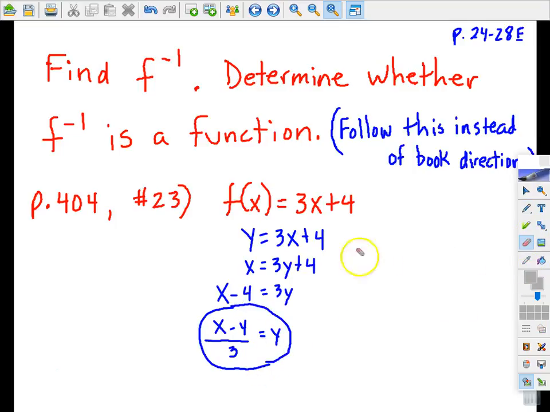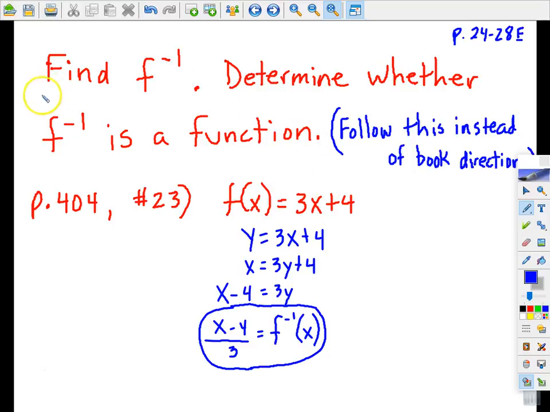Now what I could have done, since this was originally in function notation, probably better to show it like this. Remember that little -1 exponent in this context says the inverse of f is (x minus 4) over 3.